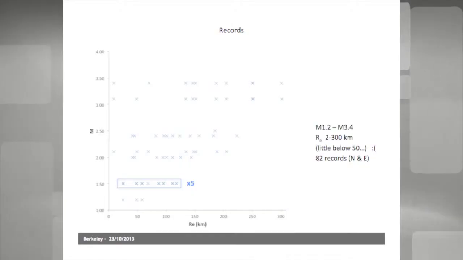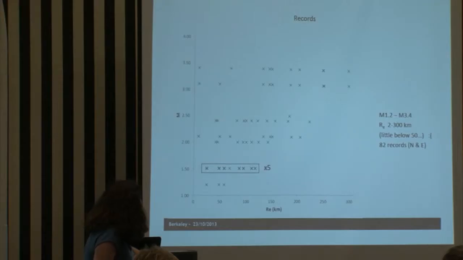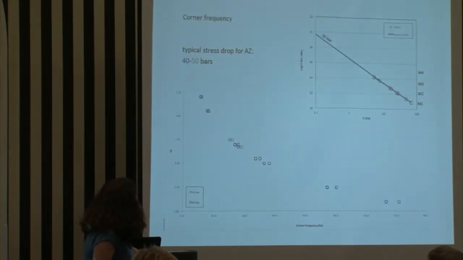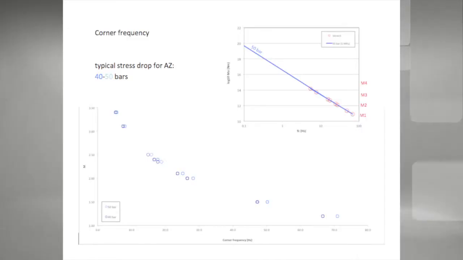So from magnitude 1.2 up to 3.4, and now to maybe 300 kilometers. This is 50 kilometers right here, so you'll see there's not a wealth of data for nearby events, unfortunately. And I'll start with the corner frequencies, because with smallish events, this is going to be an issue.